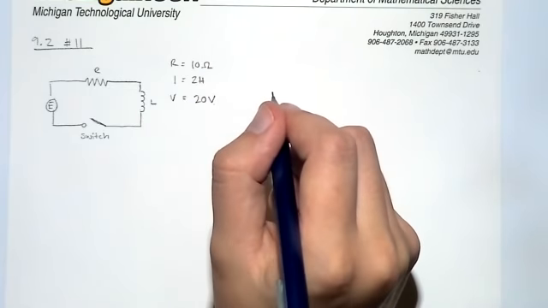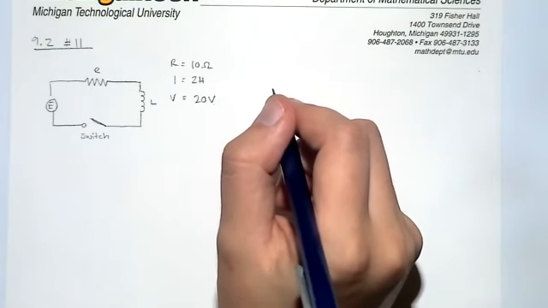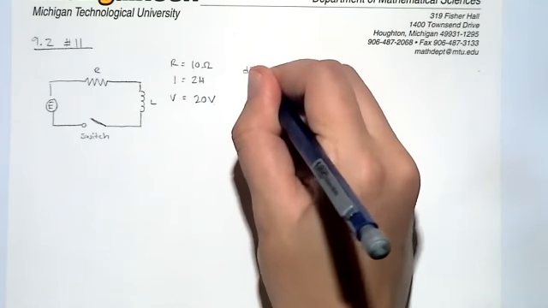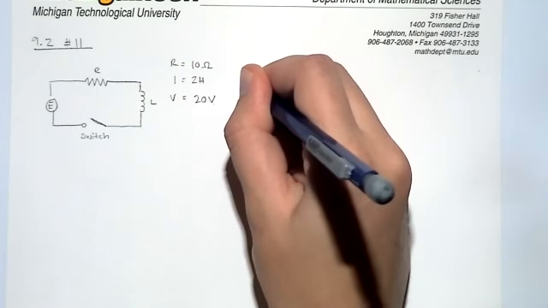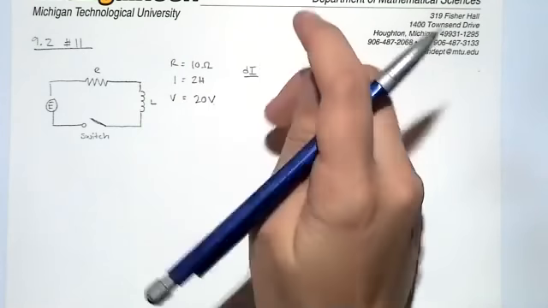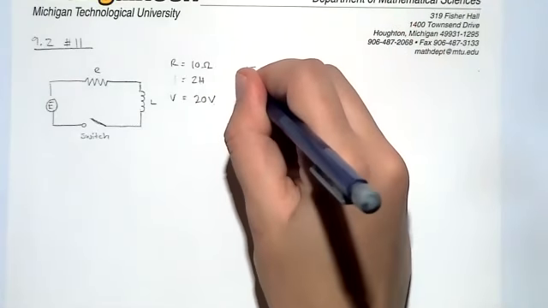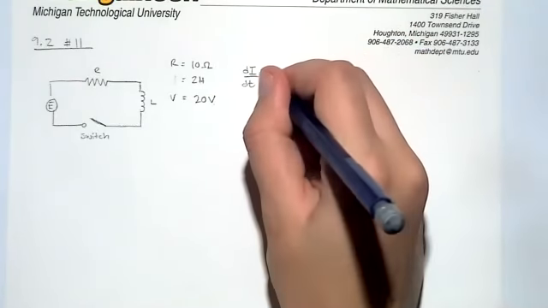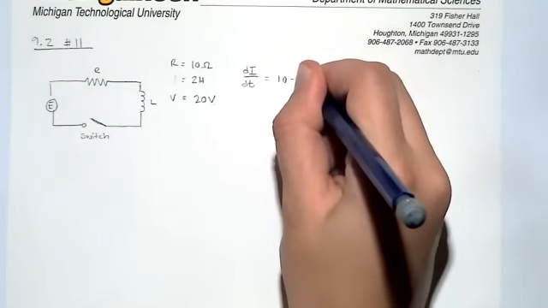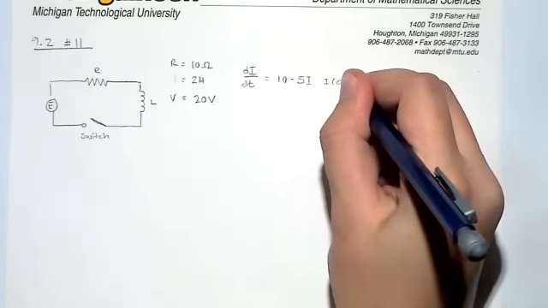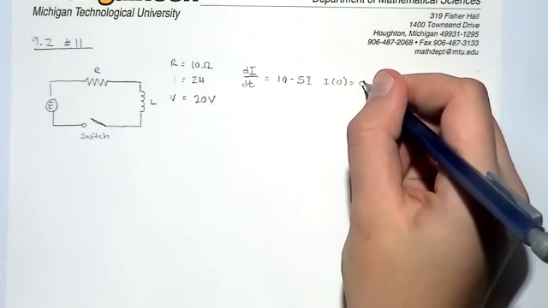Awesome. So it starts off with giving you your current I, di/dt is equal to 10 minus 5I, where I of 0 is equal to 0.